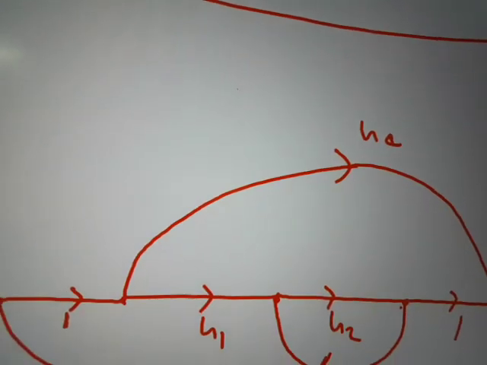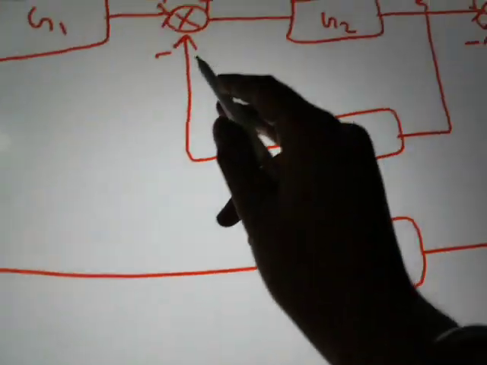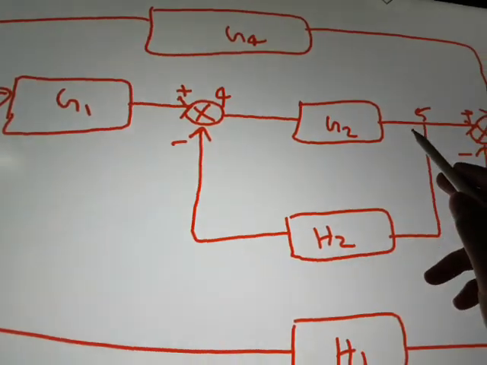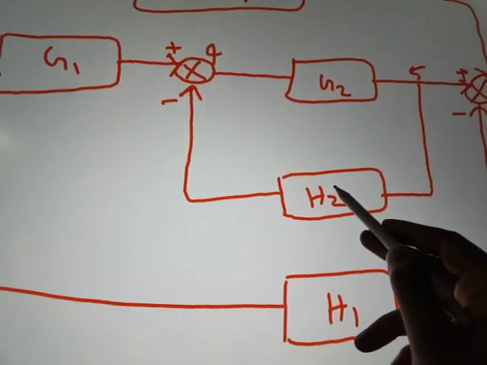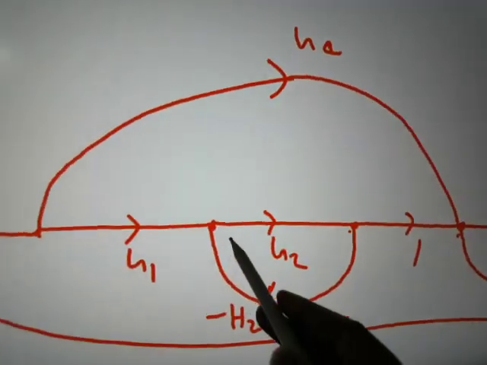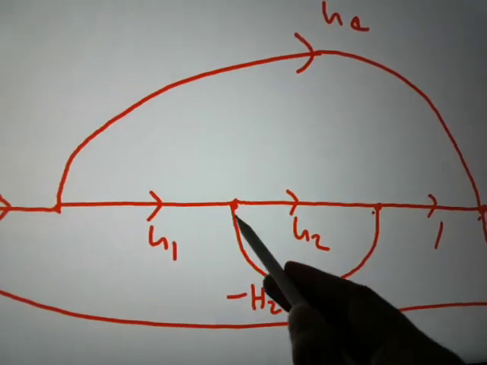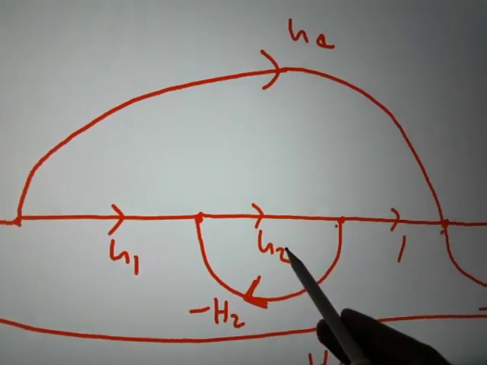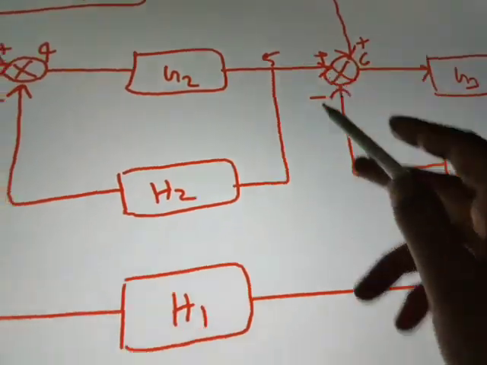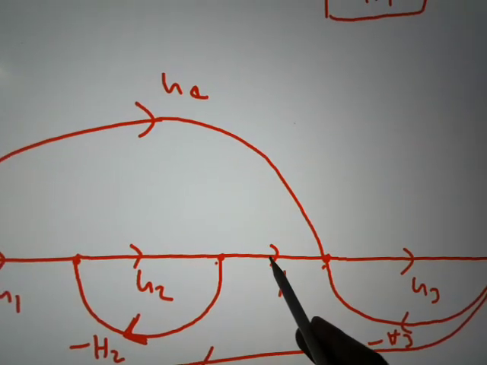At node 4, one branch is outgoing G2 and incoming from node 5 is H2, so minus H2. From 5 to 6 nothing is given, so the gain is 1.